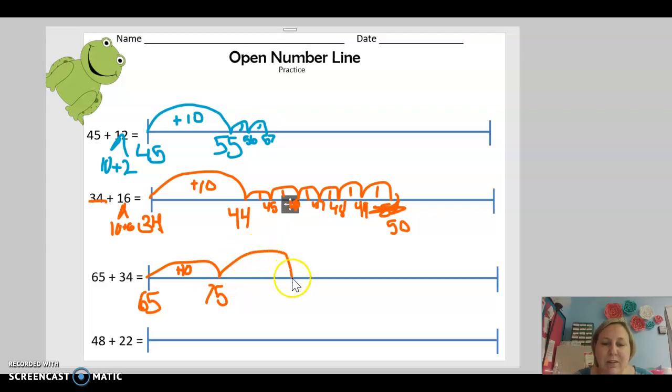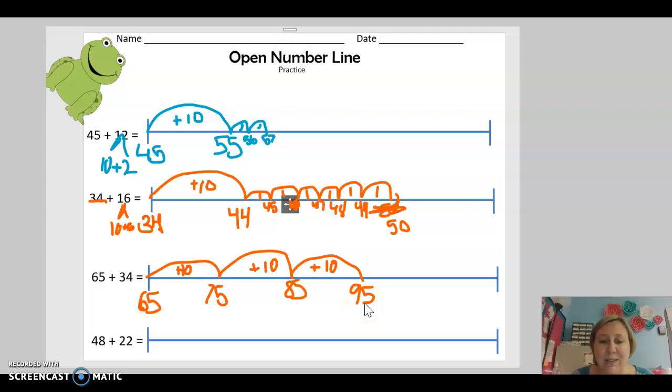Plus another hop of 10 is going to get me how much? That's right, 85. So far I've hopped 10, 20, and I have to hop a total of 30. So I'm going to hop another 10. What's 85 plus 10 more? That's right, 95. This is why it's so important to be able to skip count, like we were working on in the last unit.